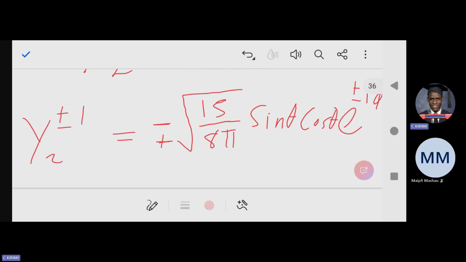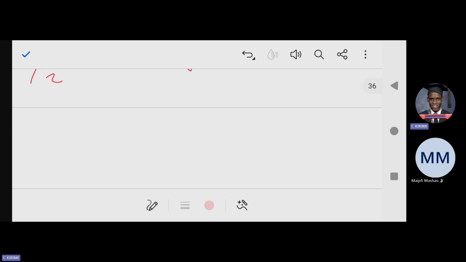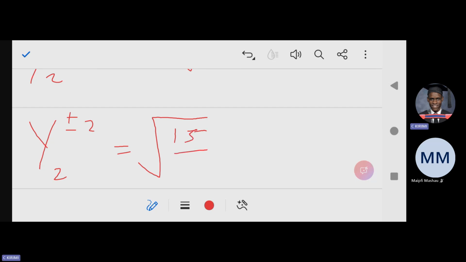Then the last condition is where we have the spherical harmonic for L equals 2, which means M is positive or negative 2, which equals the square root. In an exam, you'll be given the one that is going to be used, so you don't memorize or derive these expressions. Where are you going to get this?